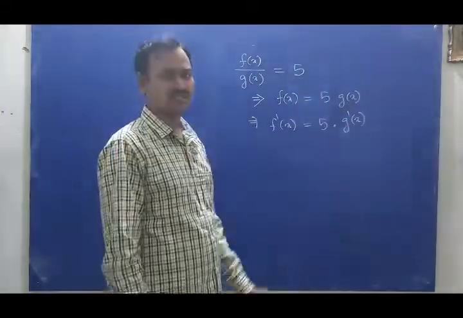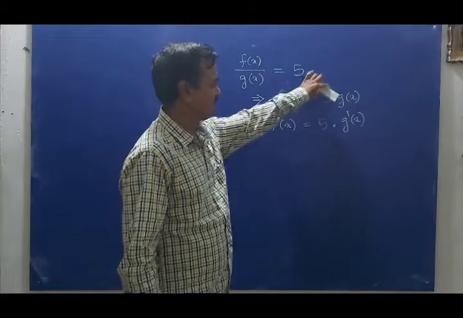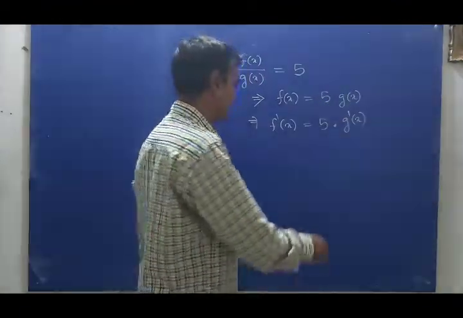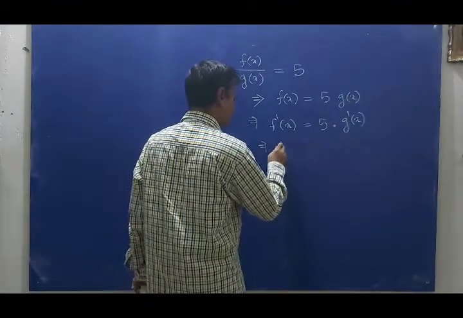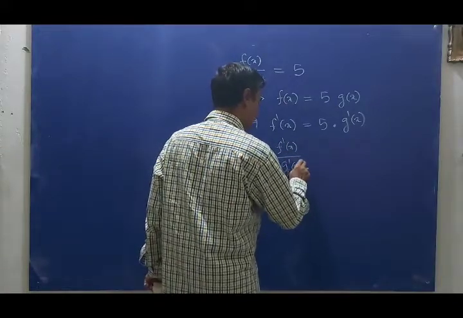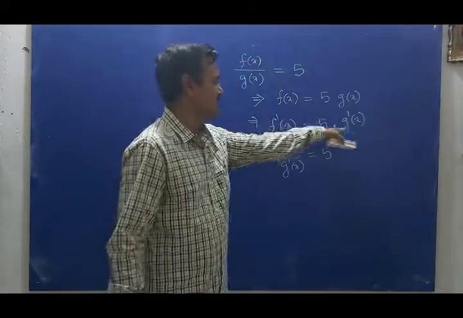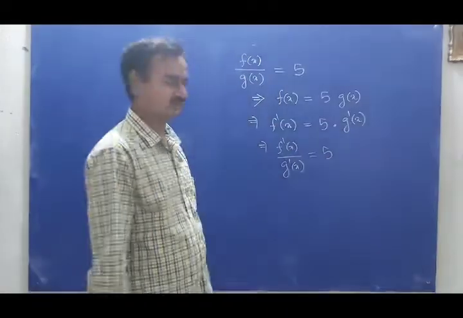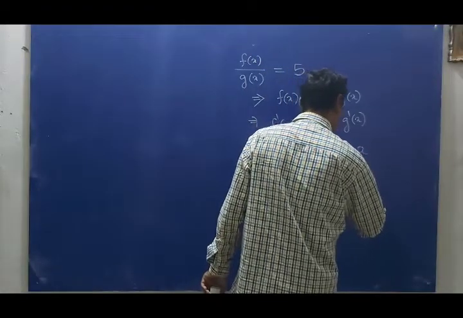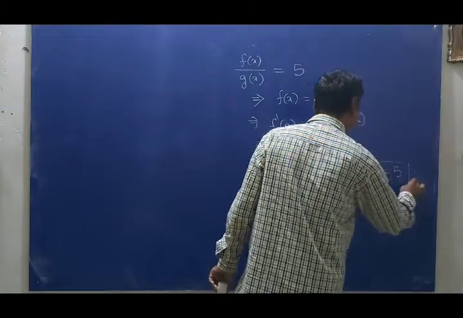Differentiating both sides, we get f dash of x is equal to 5, a constant, taken outside, into g dash of x. So f dash of x by g dash of x is equal to 5. This is given as a, that is, a is equal to 5.